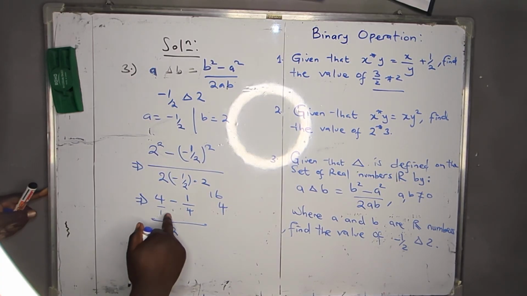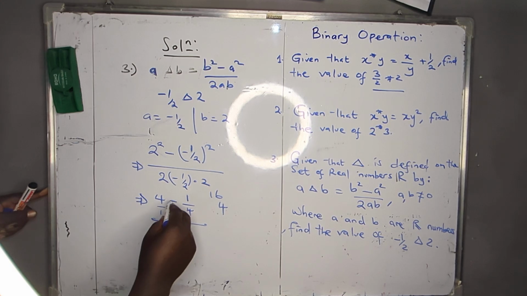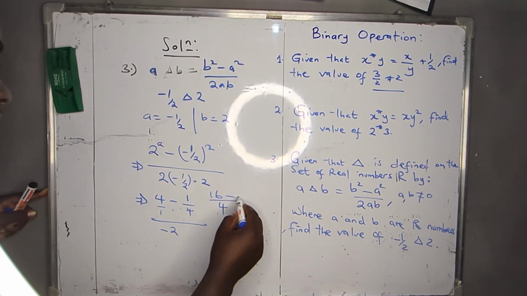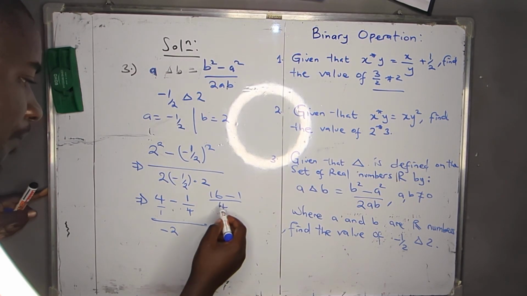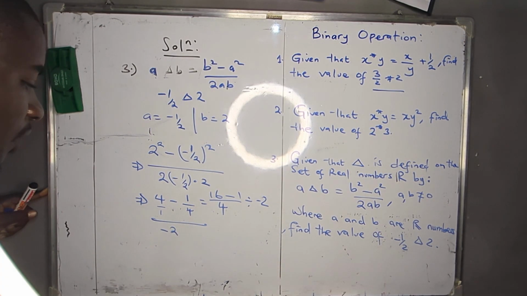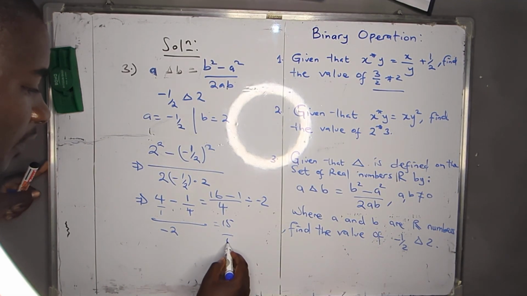Then 16 minus 1 on top is giving us this. Then divide by negative 2. So this is going to give us a 15 over 4.